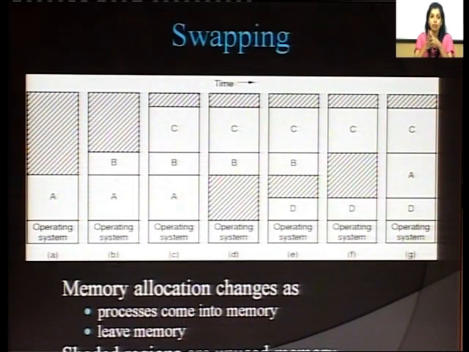That is swapping. There are different ways of swapping a page. First we have only the operating system and page A, then a request comes for B, and because there is space, there is no need for any swapping. Swapping is required when all memory is already full.